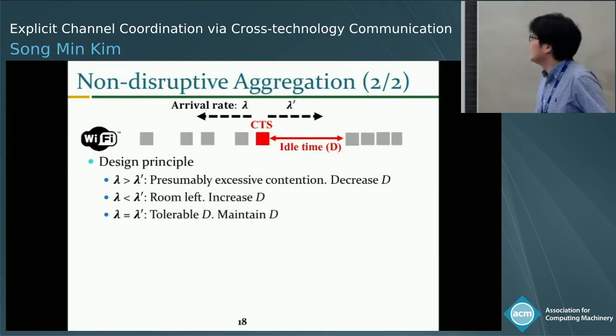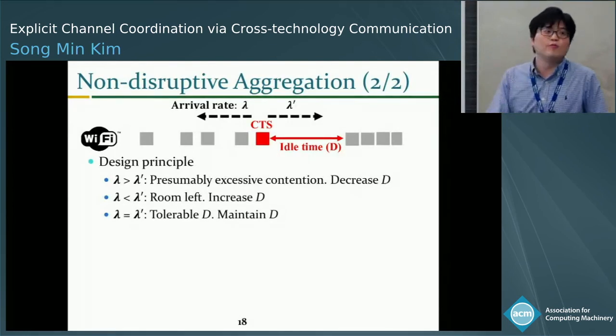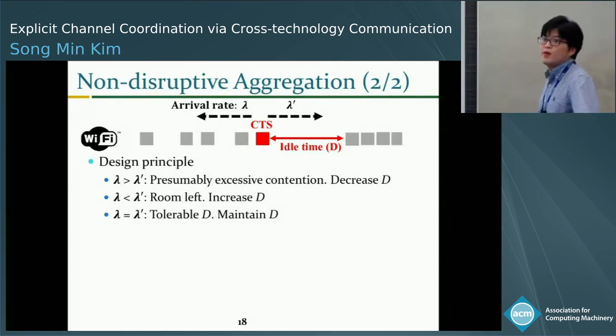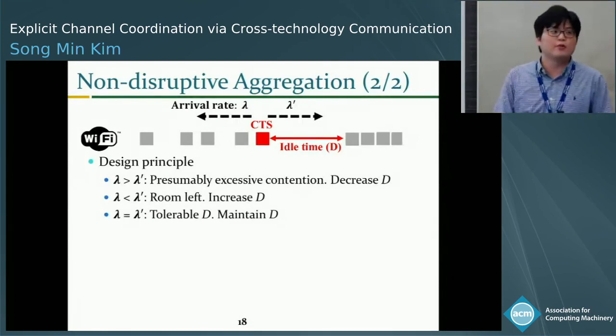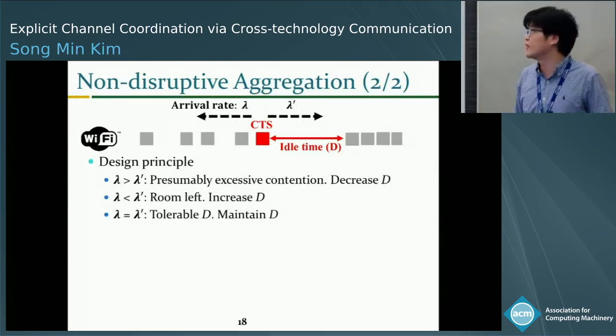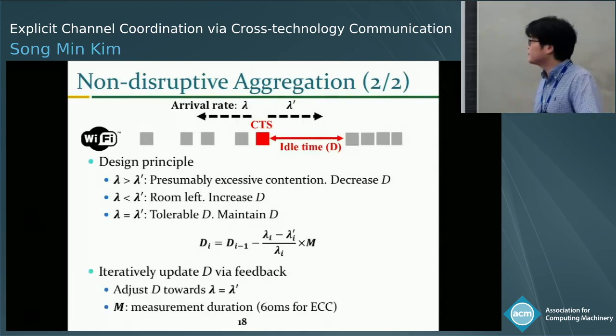Therefore, we decrease D. In the other case, where lambda prime is bigger than lambda, there is possible room left for more contention. Therefore, we increase D. When lambda is equal to lambda prime, that means D is currently tolerable under the current Wi-Fi traffic. Therefore, we maintain D.